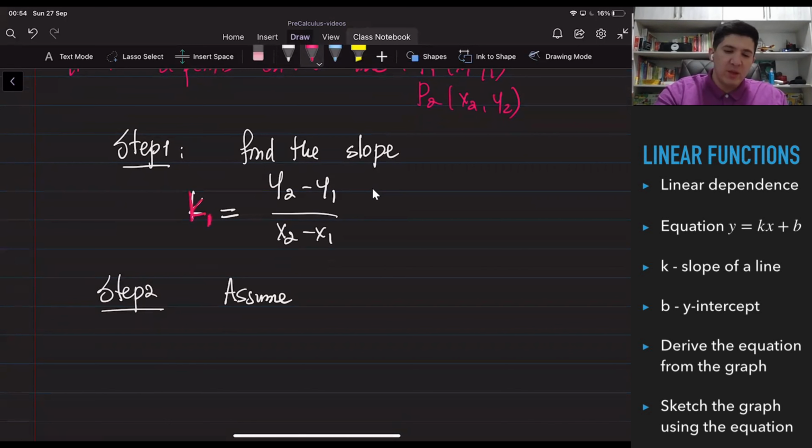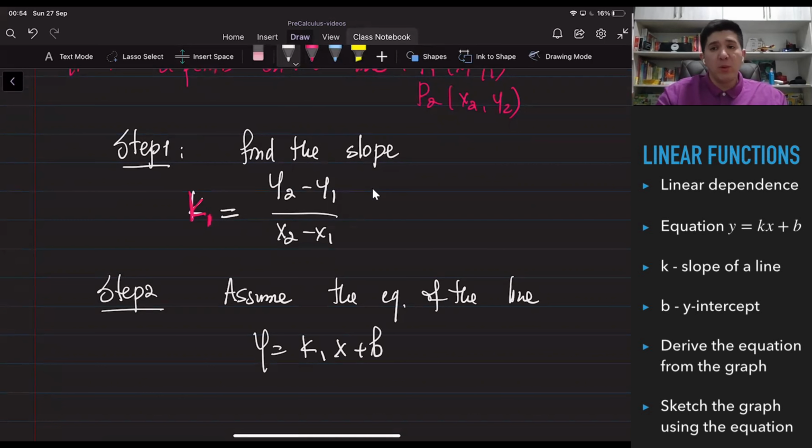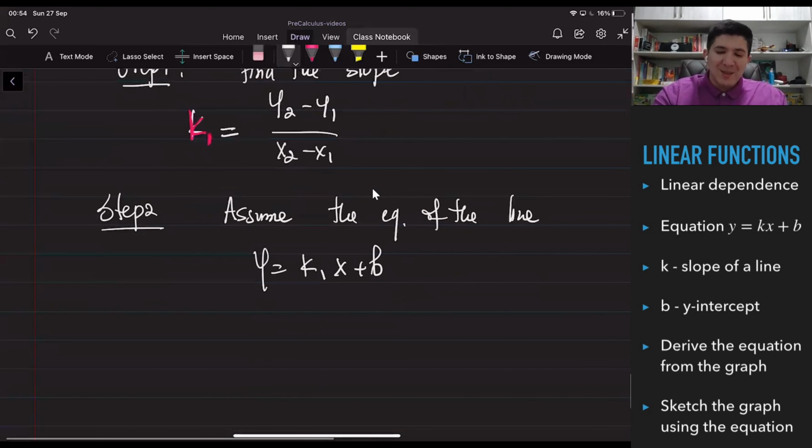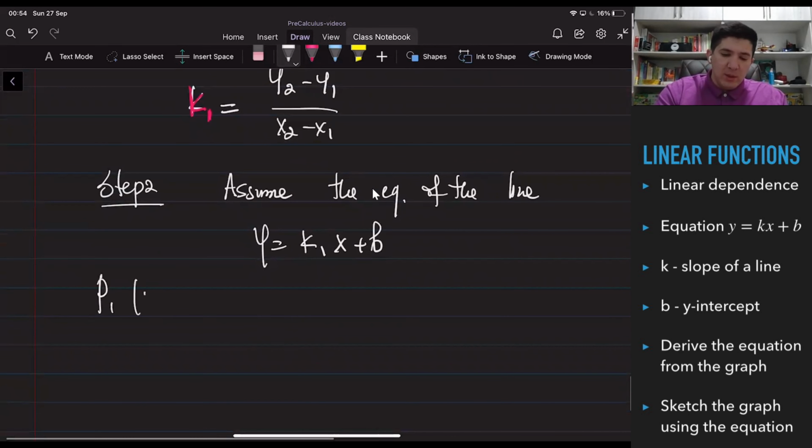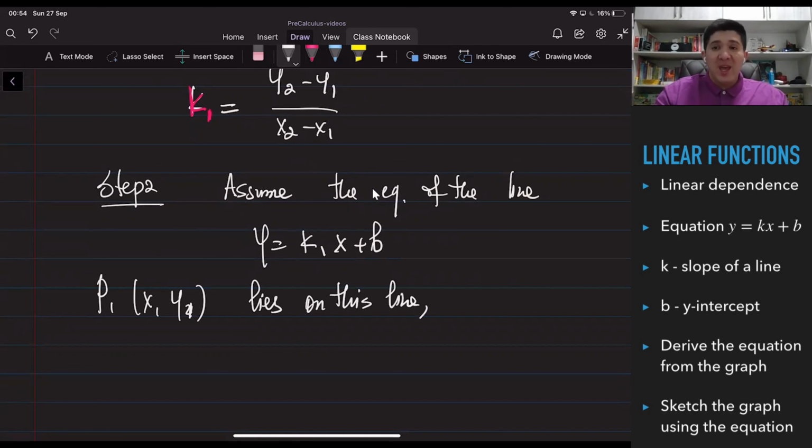Since we know it's valid already, the equation of the line is y is equal to k1x plus b, right? Since I know what the slope of this line is already. So since the point P1 with the coordinates x1 and y1 lies on this line, then the coordinates of this point should satisfy the equation.